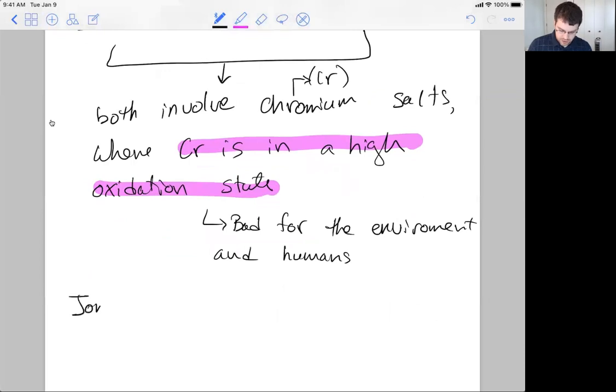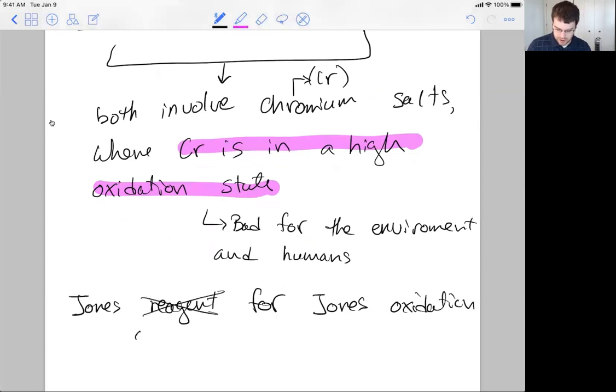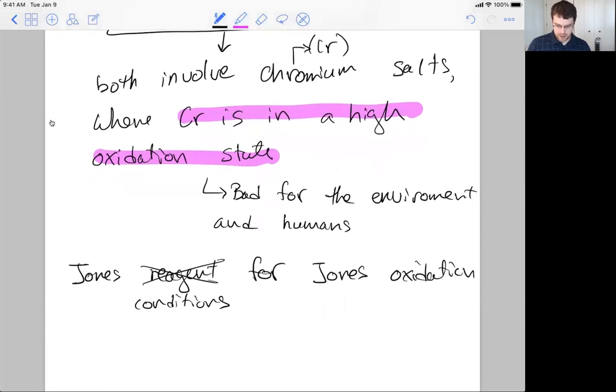Now the Jones reagent for the Jones oxidation, it's not really a reagent, it's more conditions, but it's H2Cr2O7, or the salt of this, Na2Cr2O7, and a combination of the salt plus H2SO4.